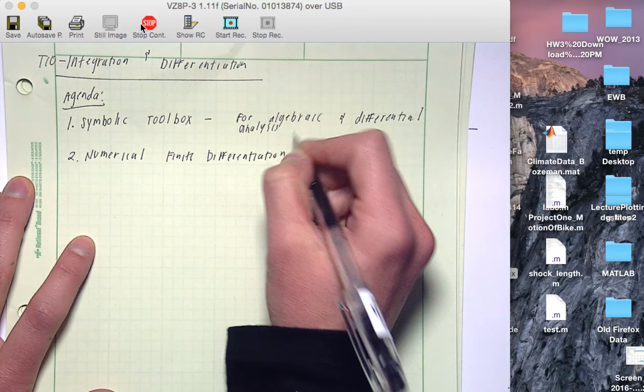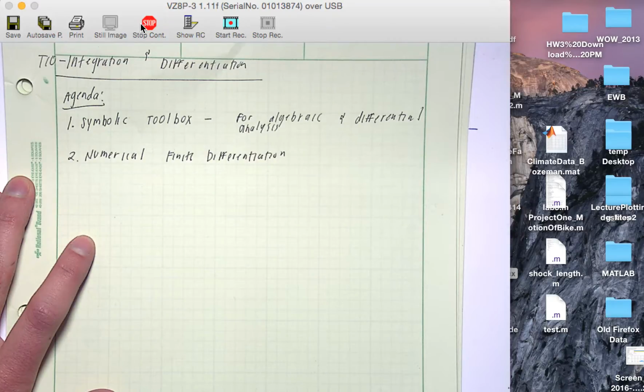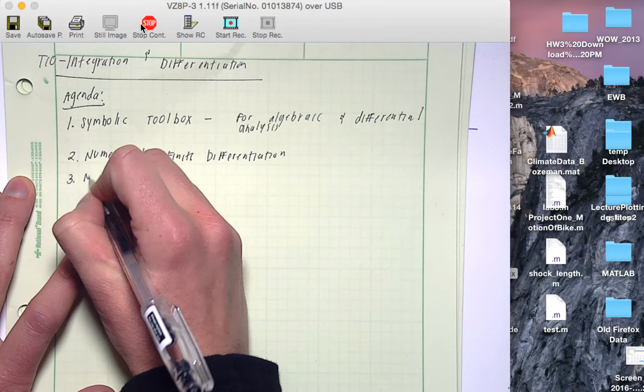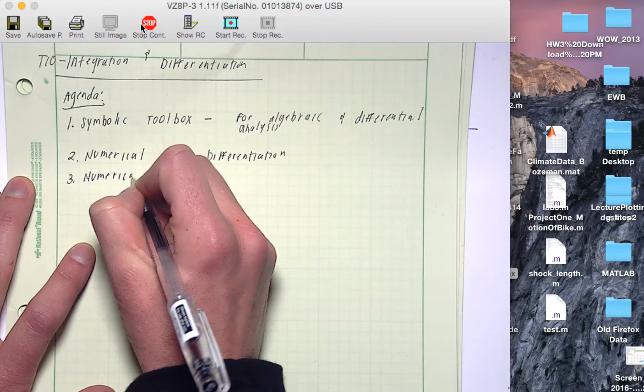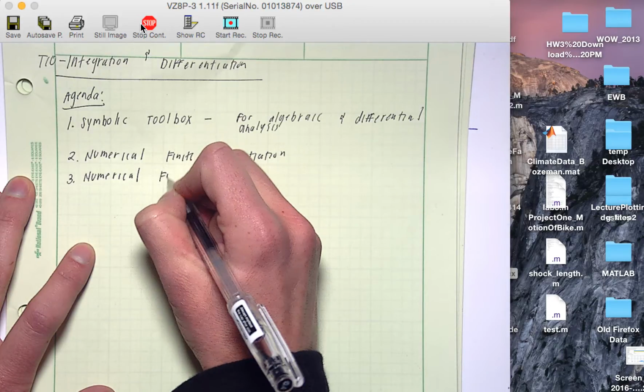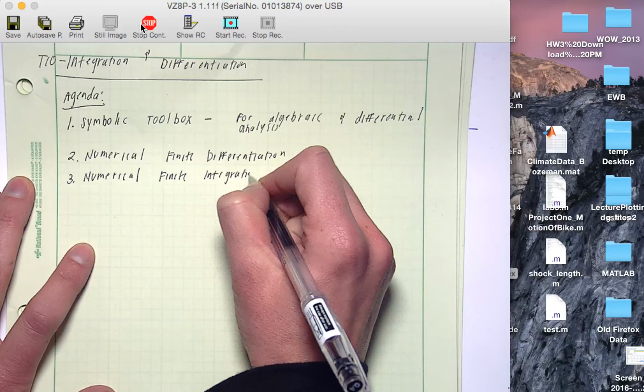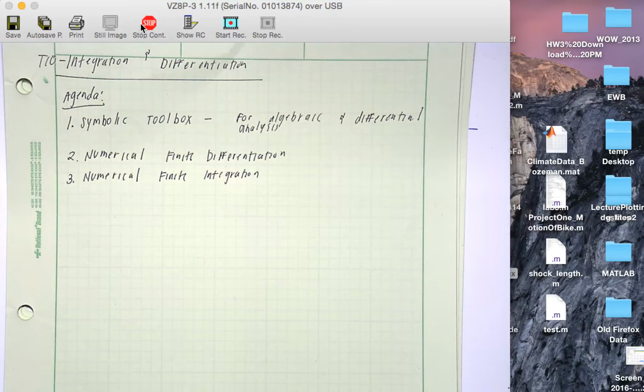Then we're going to cover numerical derivatives, which are called numerical finite differentiation, and numerical integrals. We understand the continuous or analytic form of calculus, the derivatives and the integrals. So how could we let a computer do that? Remember, computers are dumb.